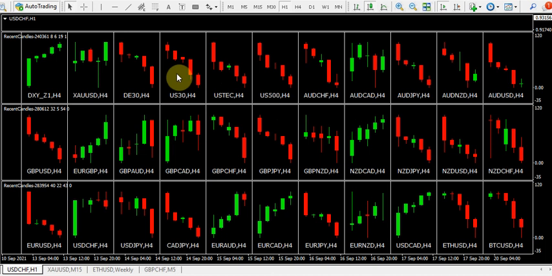So it occurred to me, this is the start of an absolute plethora of possible trading strategies, because you can set these charts up differently. You could have just one whole row for the DXY, the dollar index, with every time frame from 1 minute to monthly, and you could study that.